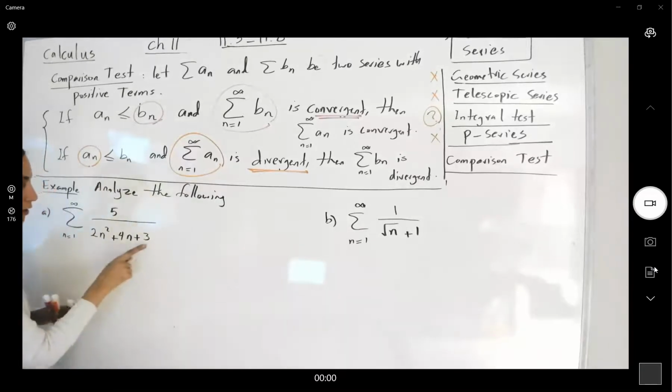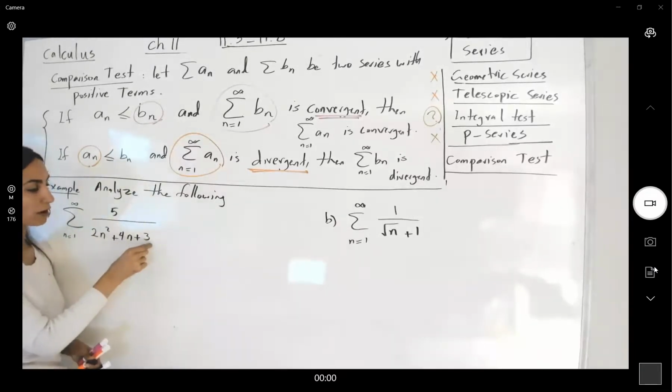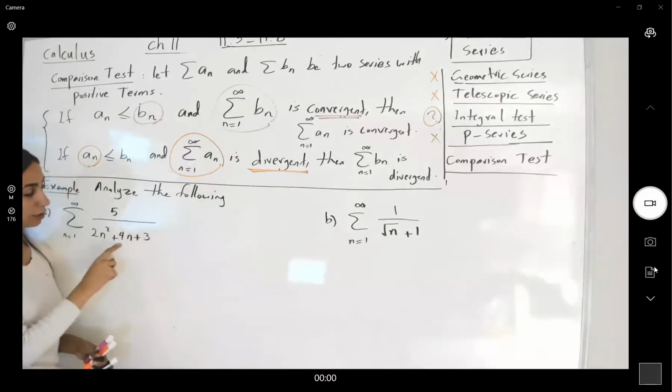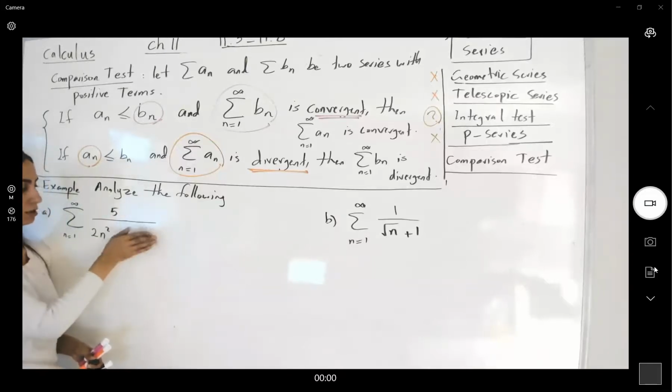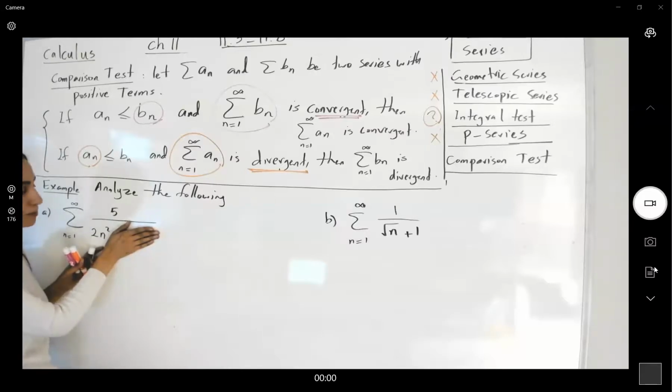If I ignore the terms with lower exponents, like 4n plus 3, this is a linear expression. If I forget about this, this is 5 divided by 2n squared, which is 5 over 2 times the series 1 over n squared. I get a p series which is convergent.